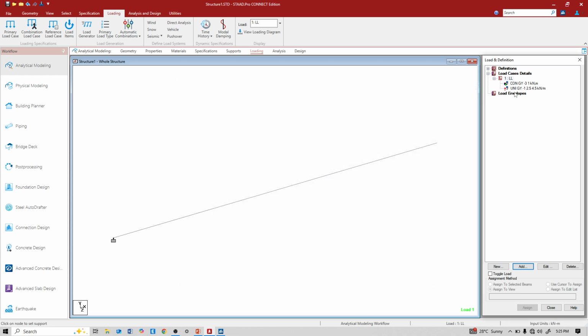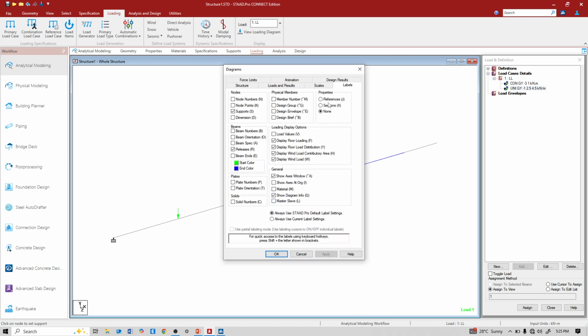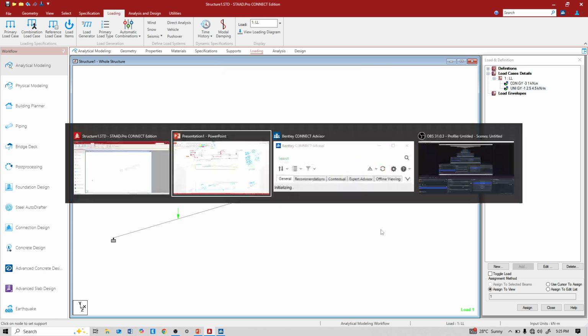Add, close, select this, assign to view, assign, yes. Right click, labels, scales, distributed force, reduce the scale. Apply. So applied force is correct.